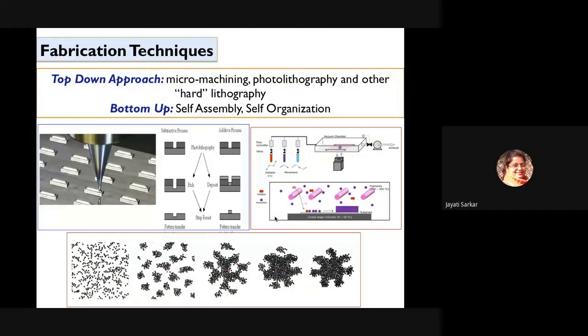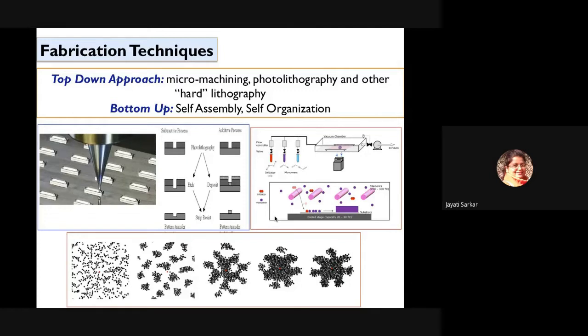One of the approaches is a top-down approach, which is basically known as lithography. It's micro machining or cutting out of materials to create these patterns. These are known as hard lithography, which are done on silicon substrates. The other method is mainly chemical vapor deposition, or basically a bottom-up approach where the molecules are clicked together to form a super molecule of definite requirement.